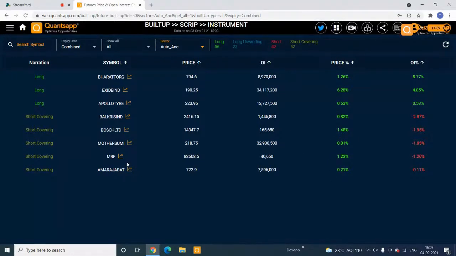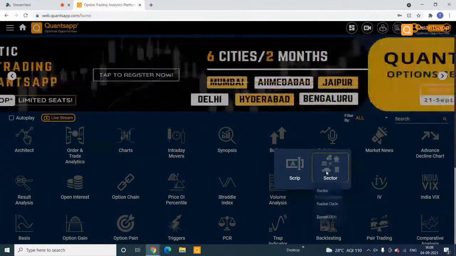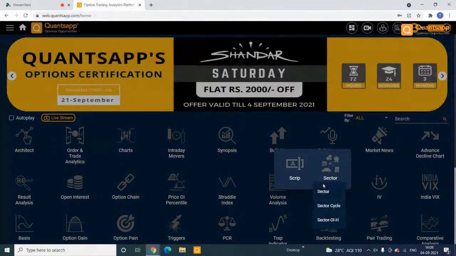So when I say I want to understand the option behavior of auto ancillary stocks, can I figure it out anywhere? Because so far, whatever we were doing, we were understanding from the futures perspective. If you look at the build-up sector, all this is basically the futures product.